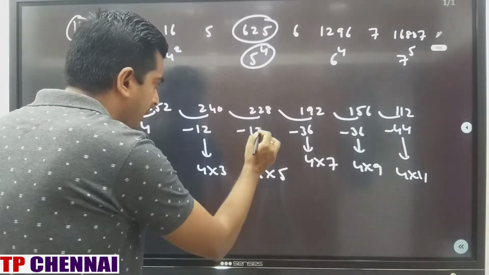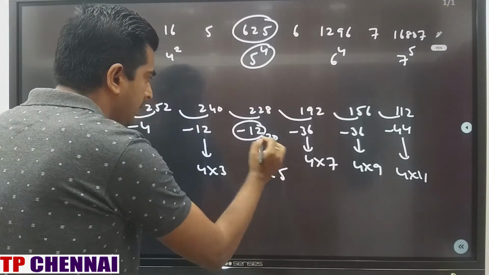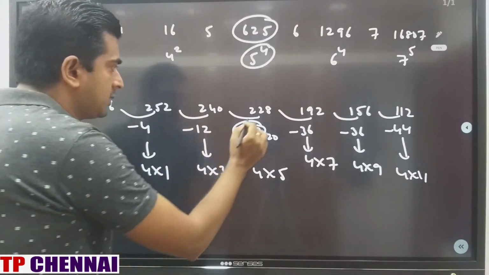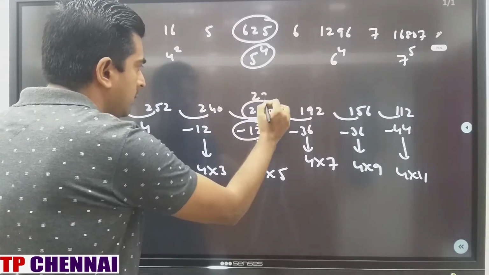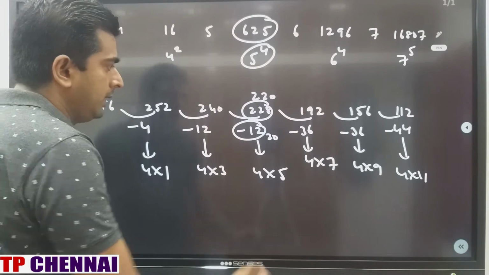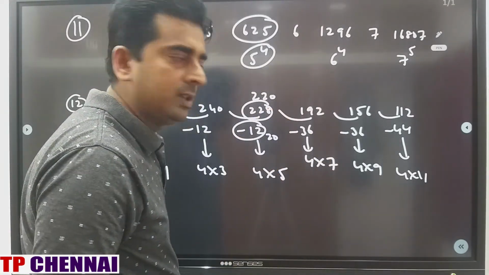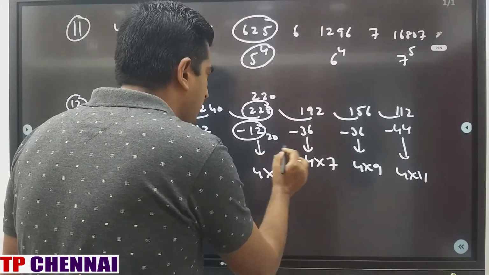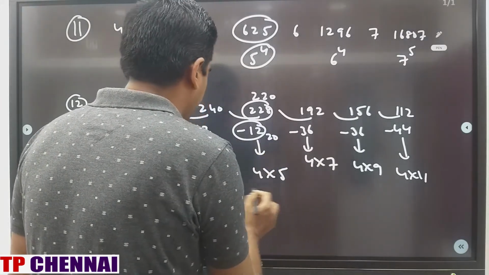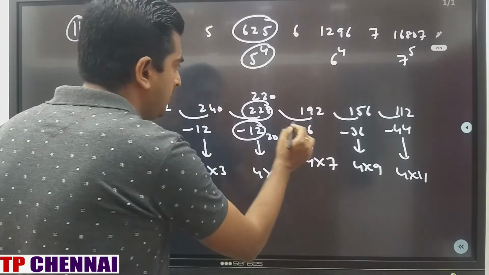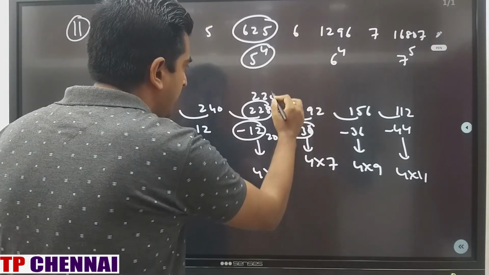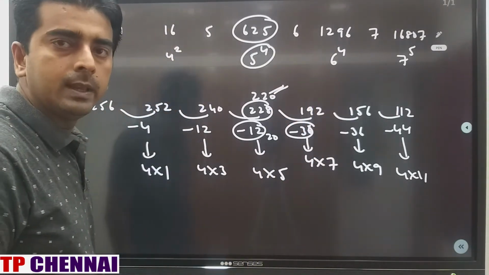What is 4 into 5? 20. If you subtract 240 minus 20, it should be 220. Again cross verify. So here it should be 28. So 220 minus 192 is 28. That means here problem is there. That means here it is 1357. Here it should be 28. Difference should be 28. So my wrong number is 228.